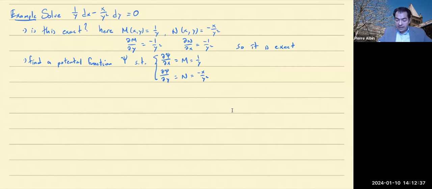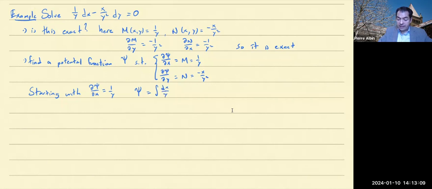Okay, so we take either one of these, and we just integrate both sides. So let's start with the derivative of psi with respect to x is 1 over y. So if I integrate both sides with respect to x, what I get is psi equals integral dx over y.